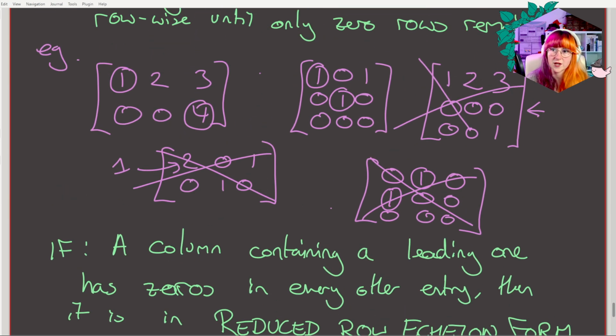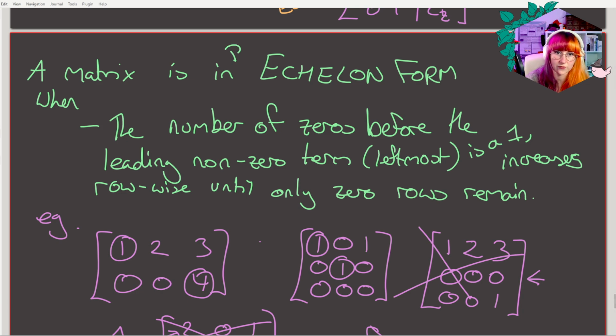And I probably should have said up here as well, this is row echelon form. We could impose the same restrictions on columns and then solve everything in terms of columns, but we're not going to do that, so it's row echelon form.